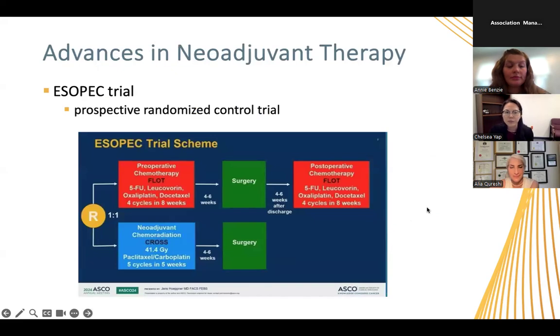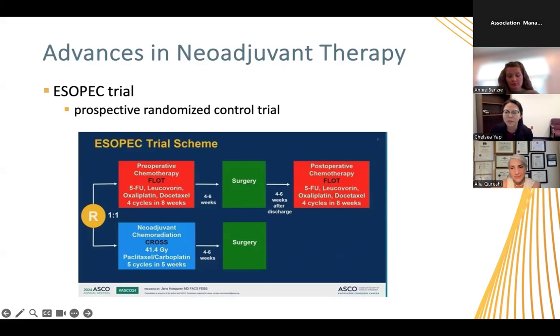Just to briefly touch on the esophagectomy trials, there have been some advances in neoadjuvant therapy. The CROSS trial was previously, and currently for some people, the neoadjuvant chemoradiation regimen, with paclitaxel and carboplatin. However, there is a new trial where FLOT therapy is what's being changed towards. So lots of changes are coming with neoadjuvant therapy.